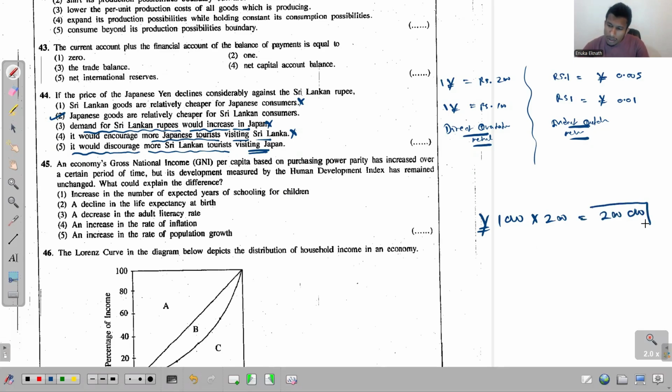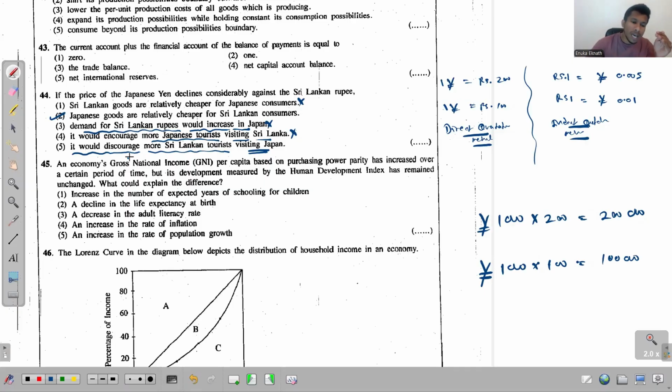This was your cost when you planned the trip last year. But now, this year, you plan the same trip, same tour, and the cost is still the same in terms of Japanese yen. But after this rupee appreciation, the exchange rate is just 1 yen equals 100. So you can now go on the same trip for just 100,000 rupees.